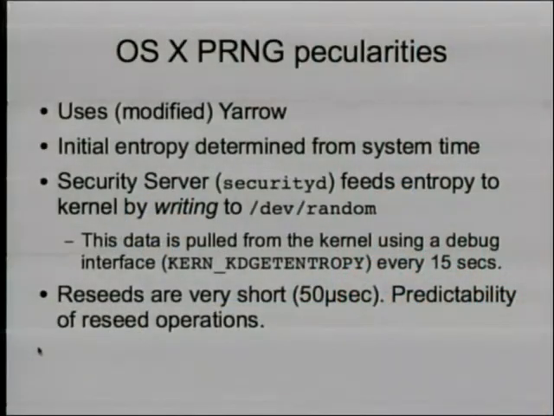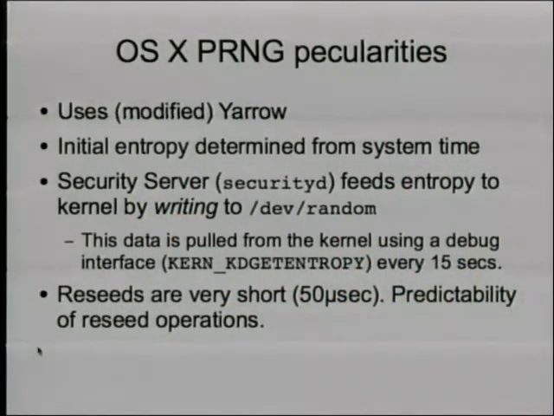Usually in other operating systems, you have the kernel collecting entropy throughout the course of the day from various sources, like interrupt activity, or the number of pages you swap in and swap out. Oftentimes you actually have a hardware number generator.